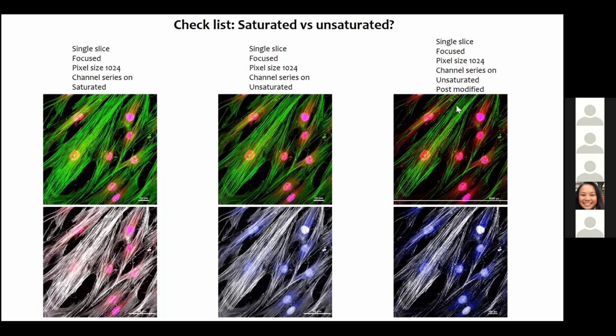So again, while you're imaging, keep in mind these are the things that reviewers look at, especially with immunofluorescence images, because it's very hard to convince a reviewer that your data is accurate and spot on, especially between a control versus a treated.